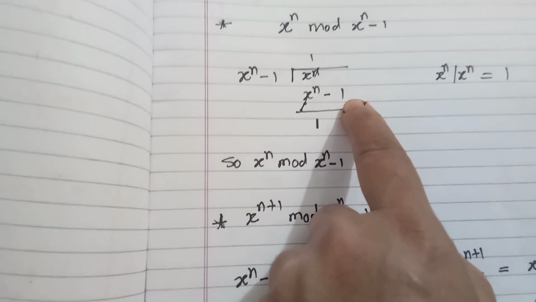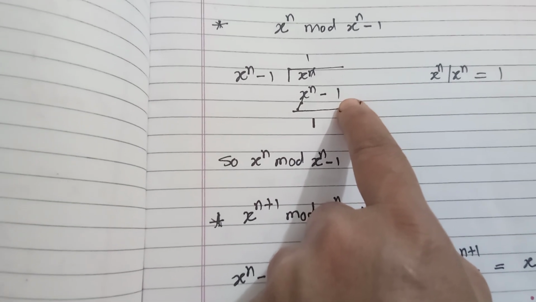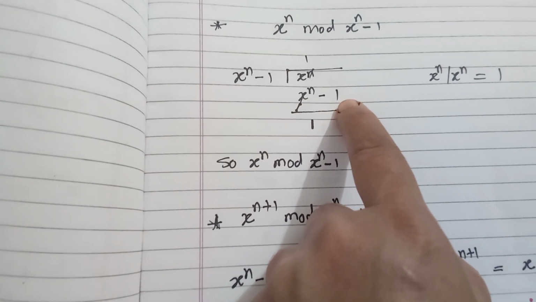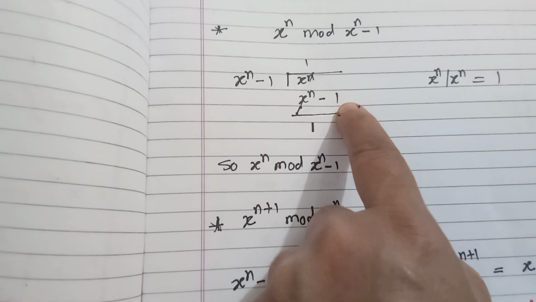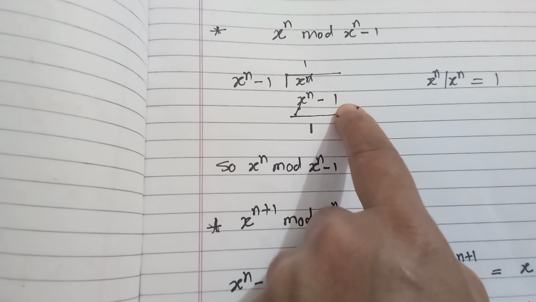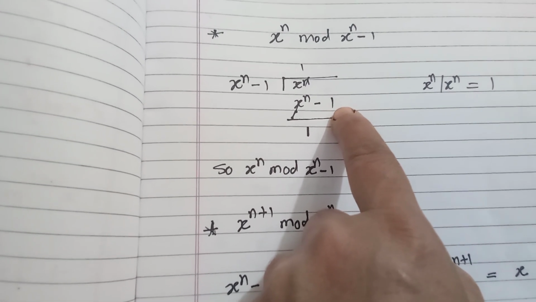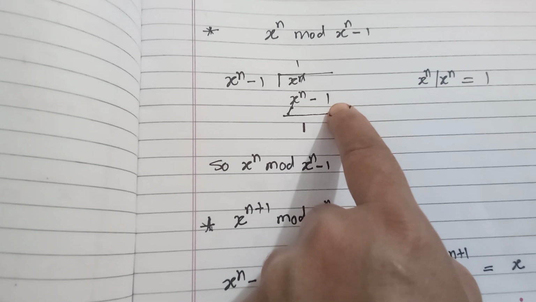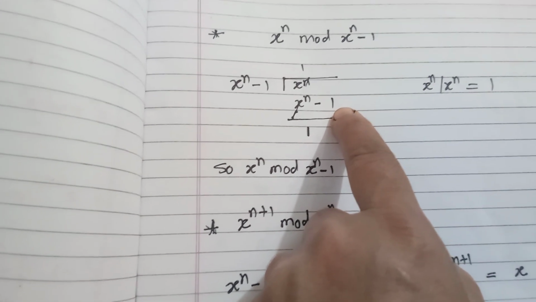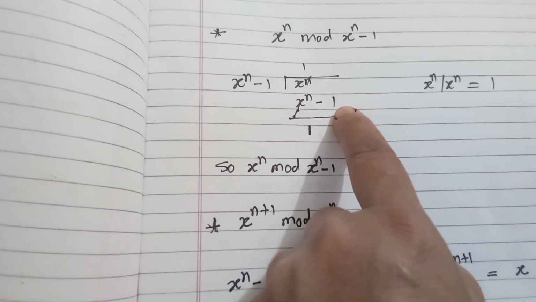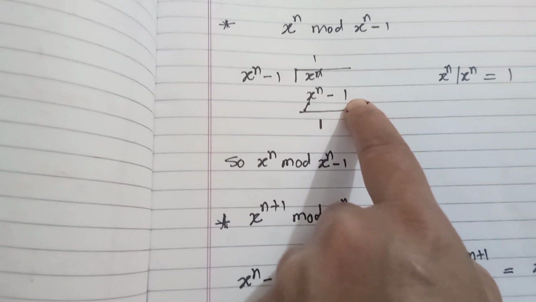Now in XOR operation, because we are doing all the operations in Galois field 2, the addition table is such that we get 0 plus 0 as 0, 0 plus 1 as 1, 1 plus 0 as 1 and 1 plus 1 as 0.